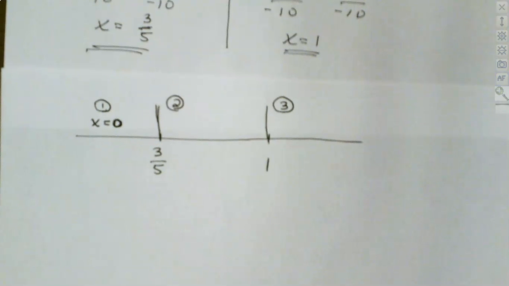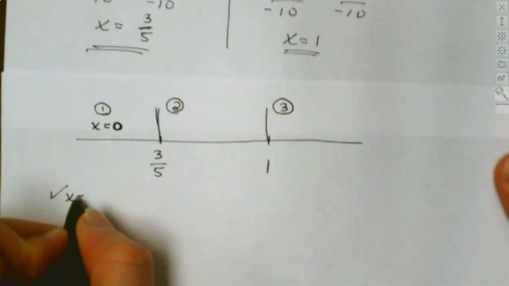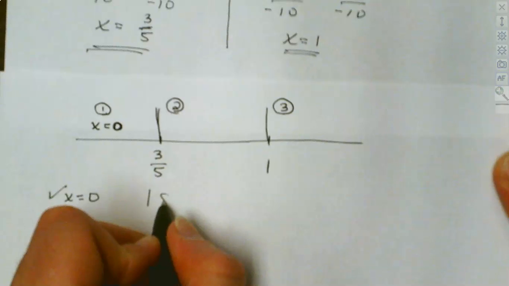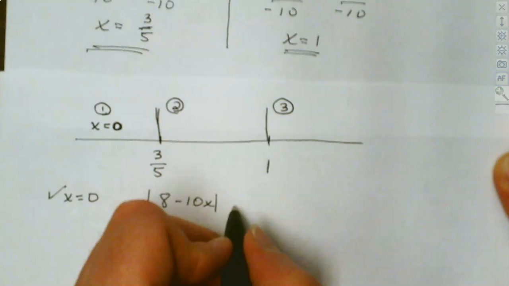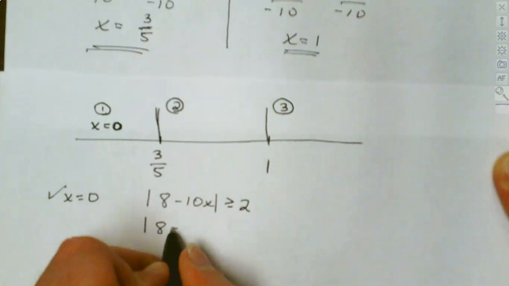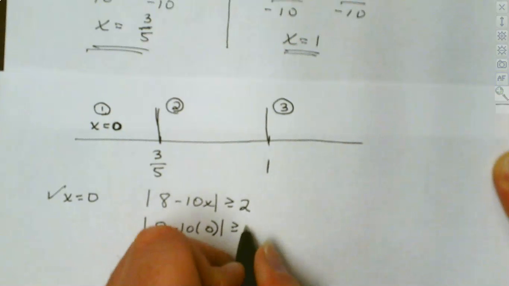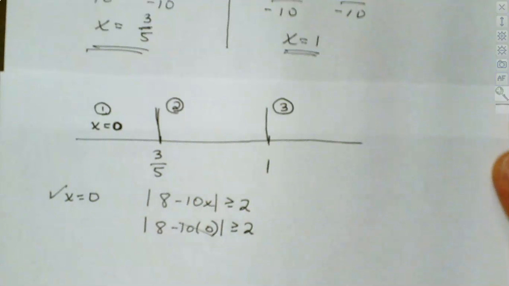So now we've got this 0. So now we're going to check it back in our original. And we're going to check it in the absolute value of 8 minus 10x is greater than or equal to 2. So plug that 0 in. 0 makes that go away.